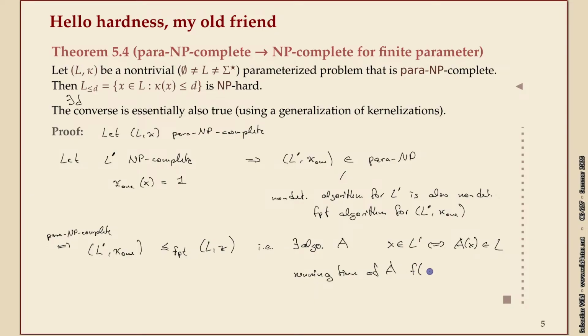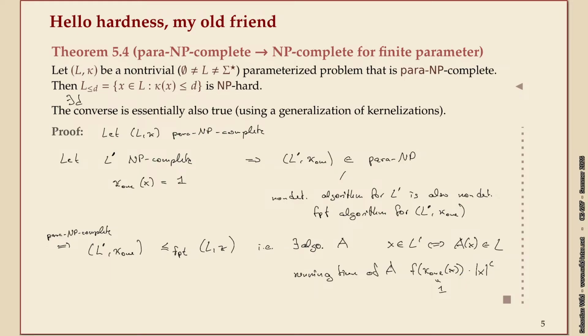So it's f of kappa 1 of x for some function f and size of x to the c for some constant c. But really this means just a constant factor, because kappa 1 is always 1, right? So whatever f does, it can only be some number.